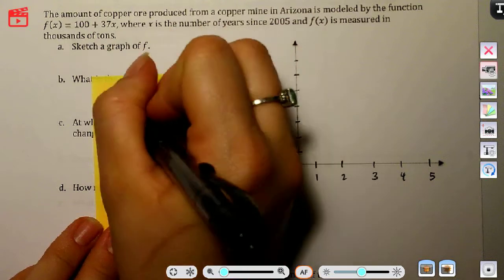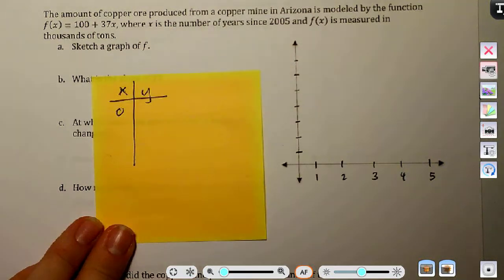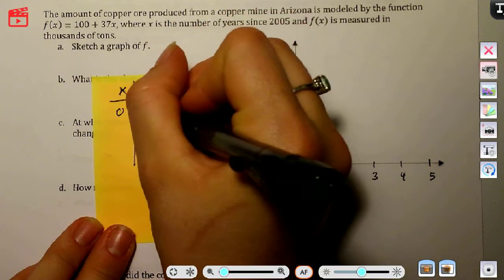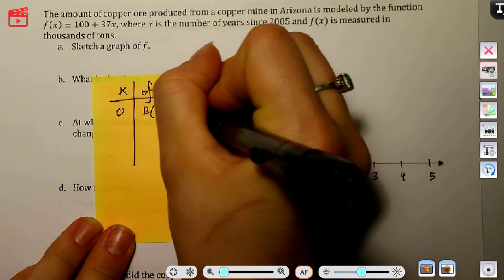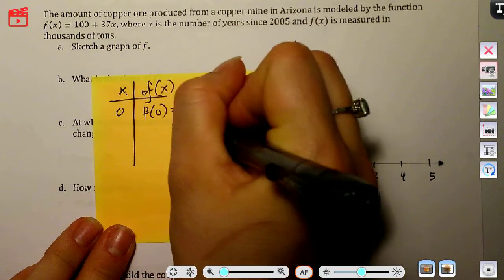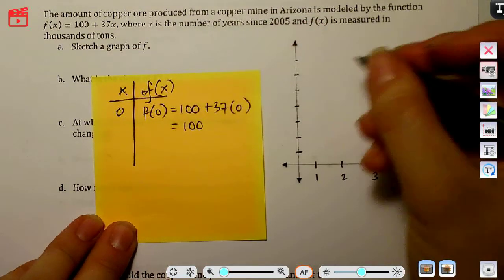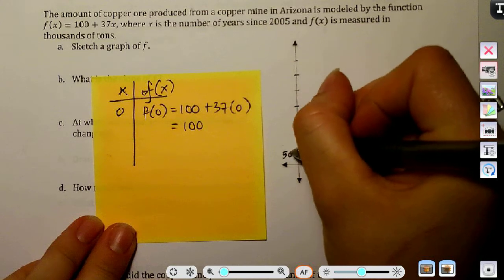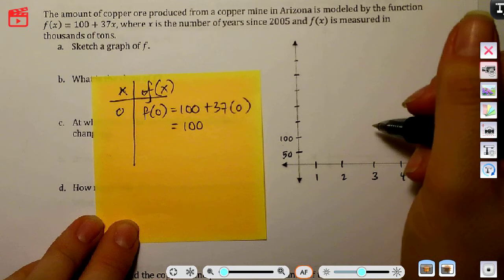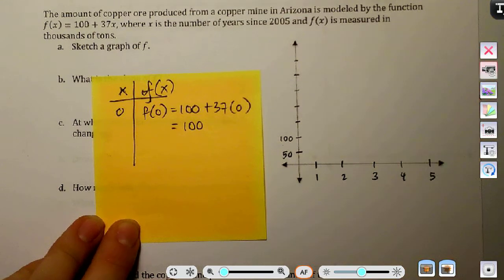I'll pick an x value of 0, plugging that into f of x. That's going to be f of 0, which equals 100 plus 37 times 0, which is just going to be 100. So this is my 50, and that was 100. So my point (0, 100) is going to be right here.